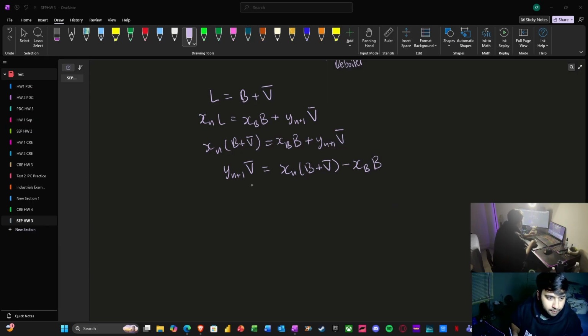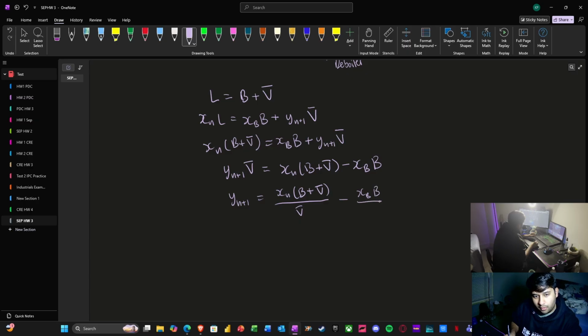Okay, so now we're going to go ahead and isolate our yn plus 1 a bit further. So what we get is plus v bar over v bar minus rxb over v bar.